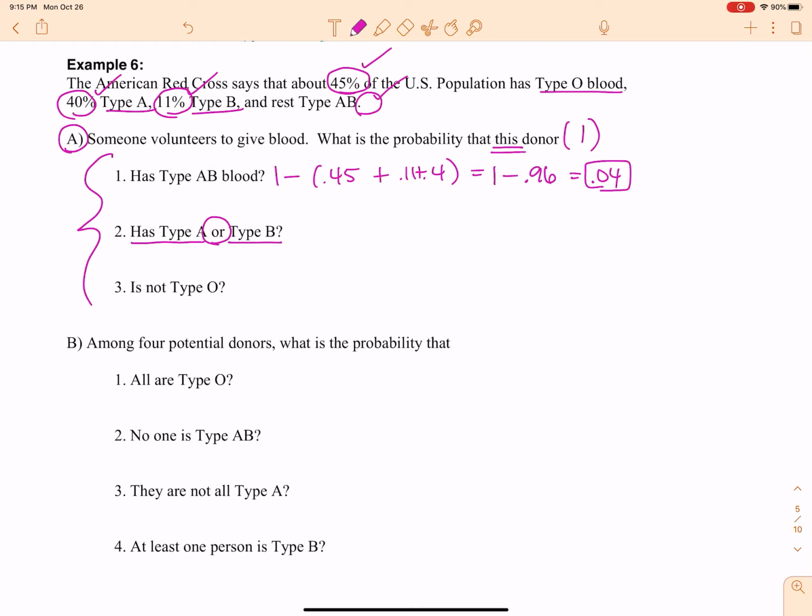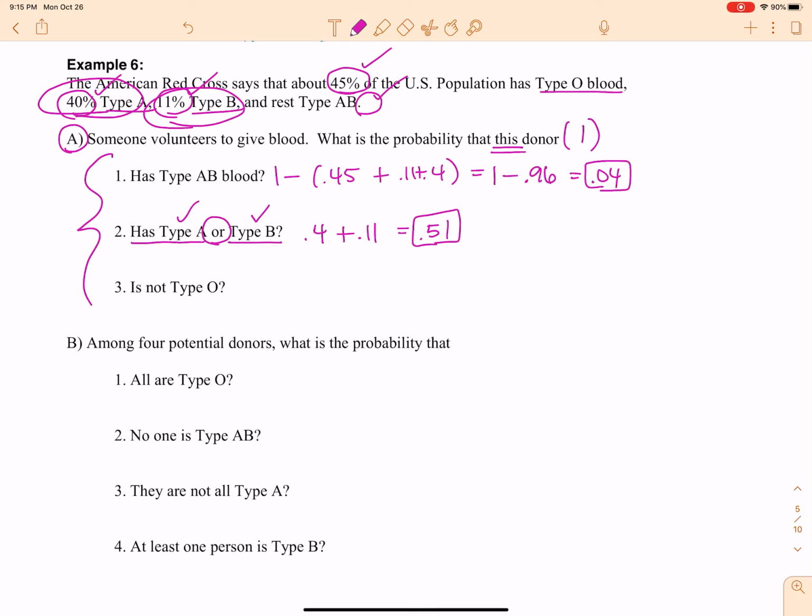Well, type A is 40%, so that's 0.4 plus 0.11 for type B, because it's type A or type B. So this is going to be 0.51. Remember, this is the probability of a single person.